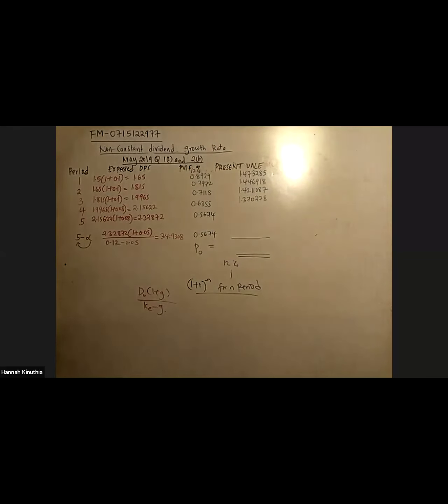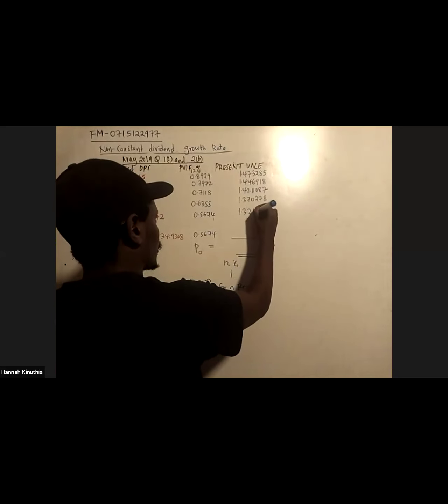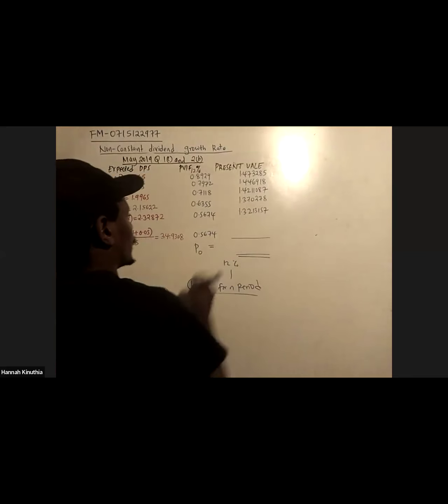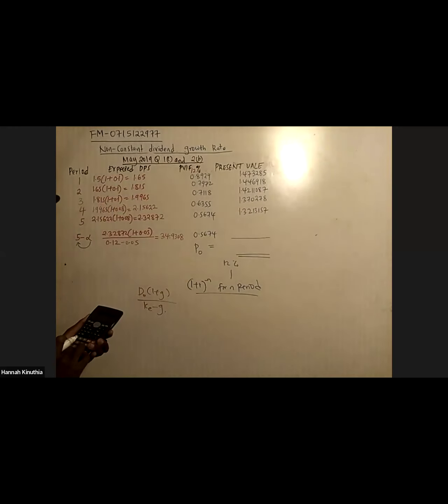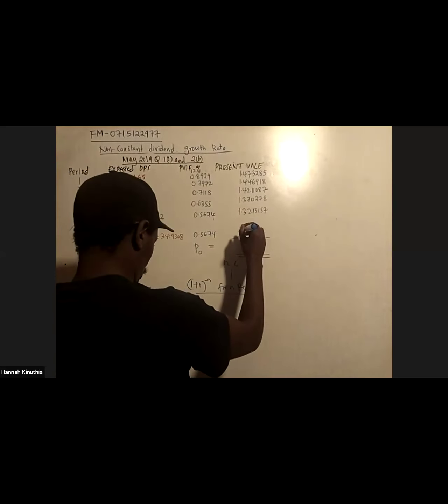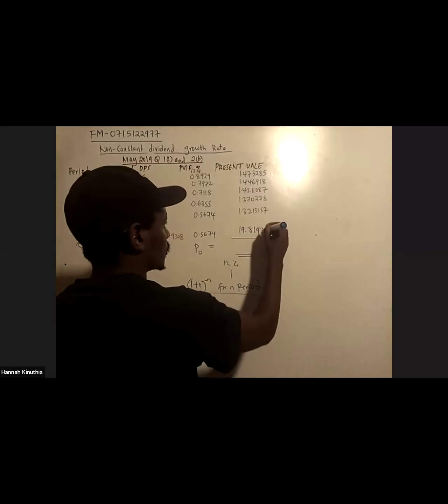Then 2.32872 times 0.5674 gives 1.3213157. Then lastly 34.9308 times 0.5674 gives 19.819736.